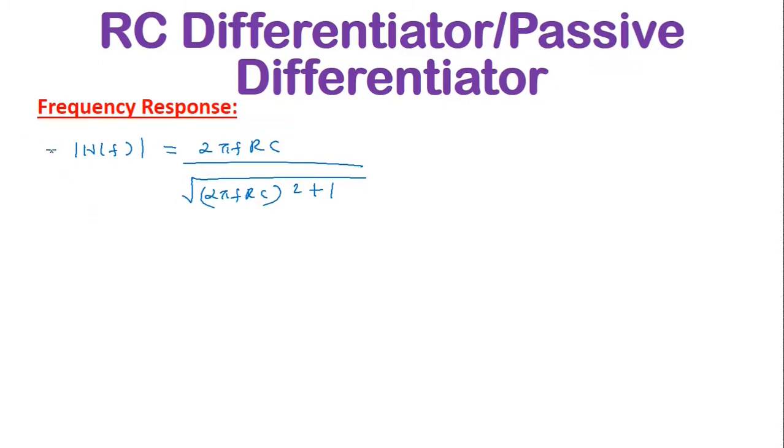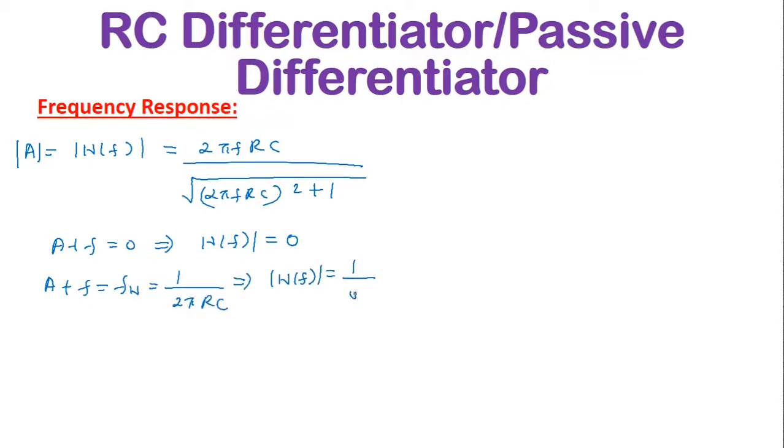When we put f equal to 0 in this equation, the magnitude of H(f) will be equal to 0, and at f equal to fH equal to 1 upon 2 pi RC, the magnitude of H(f) will be equal to 1 upon root 2. So when we put this value in this equation, we get magnitude of H(f) equal to 1 upon root 2, which is 0.707.